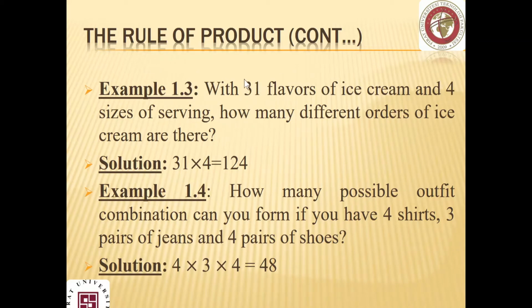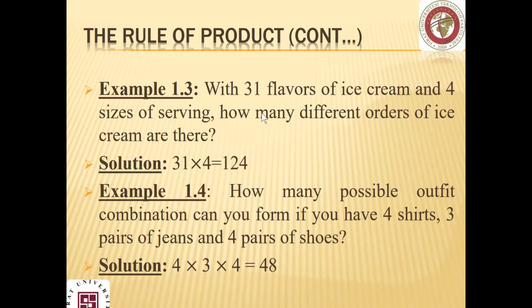No, for each of the 31, each flavor has 4 sizes of serving. In that case, we can break the procedure of choosing, the order that we make, into 2 stages. The first one is choosing between the flavors and then choosing between the sizes. So now you can make sense of the idea.